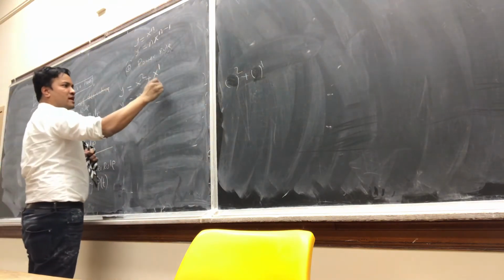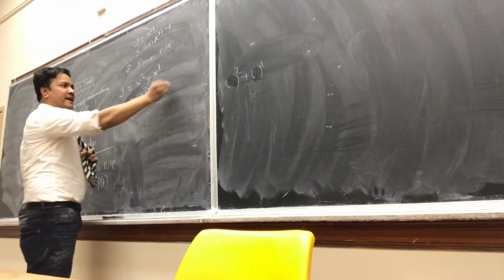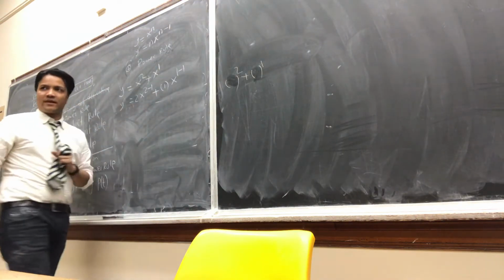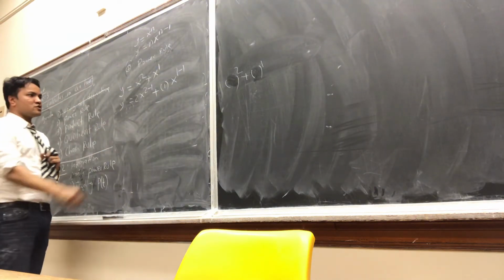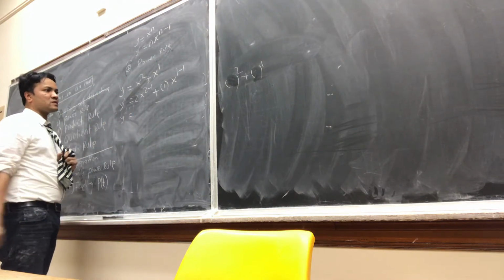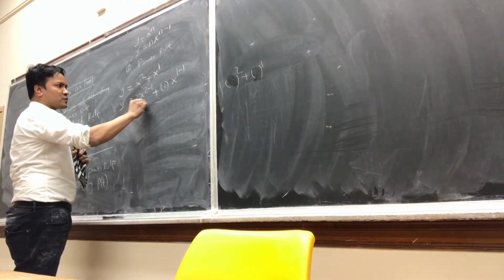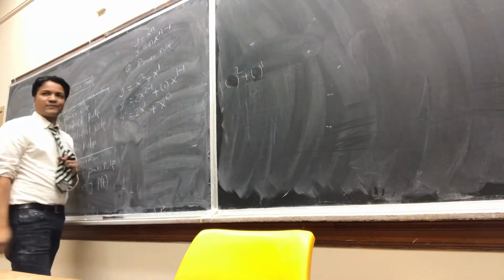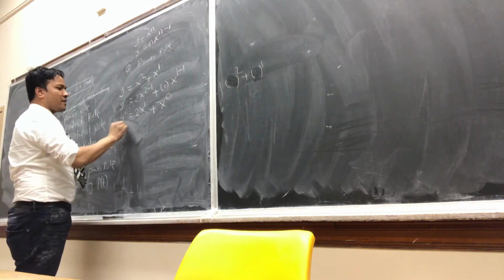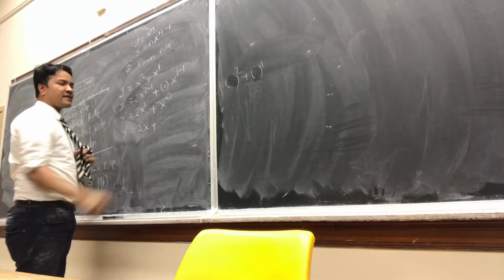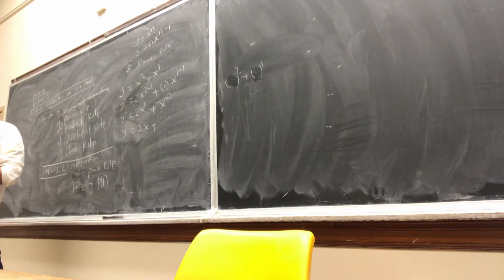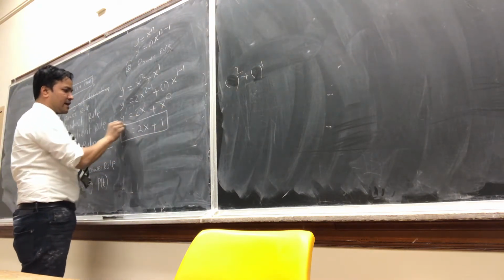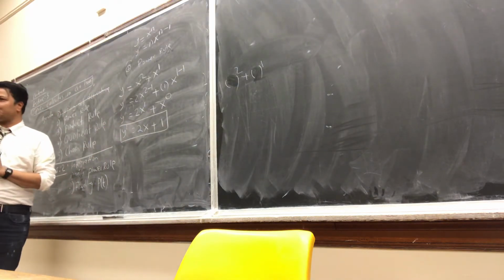So we bring down 1, and then we write x to the 1 minus 1. That is completely fine. So y prime is 2x plus 1 times x to the 0. Anything raised to 0 by definition is 1. So this is our answer, and as you can see, the answers are the same.